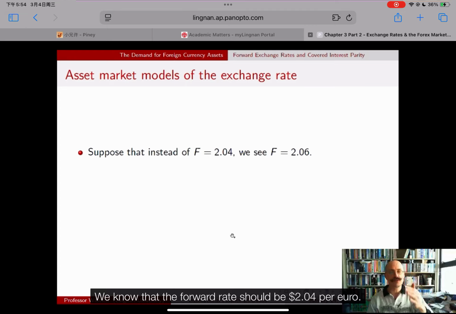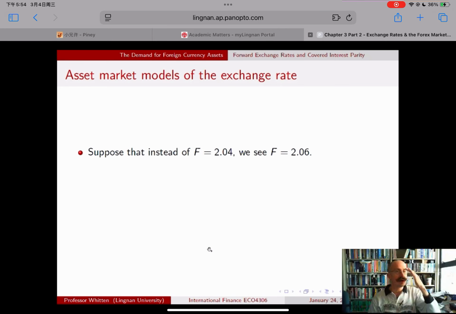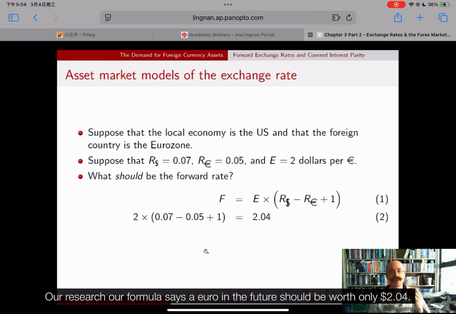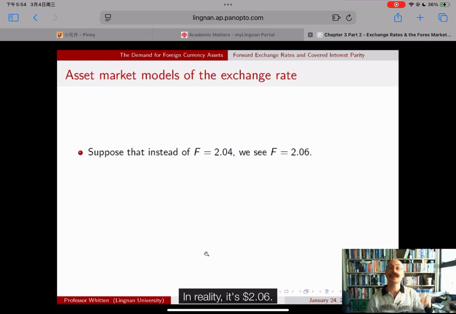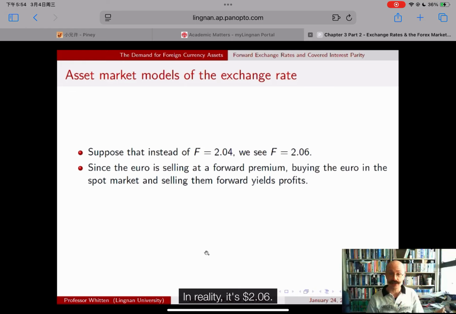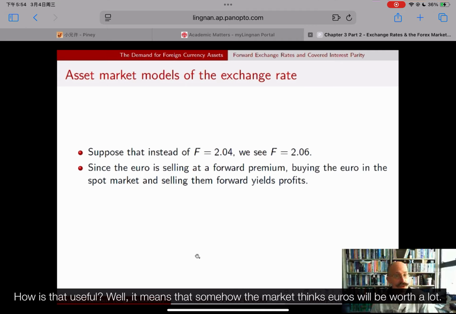We know that the forward rate should be $2.04 per euro. But what if we see instead $2.06 per euro? Our research, our formula says a euro in the future should be worth only $2.04. In reality, it's $2.06. The euro is therefore selling at a very large premium. How is that useful?